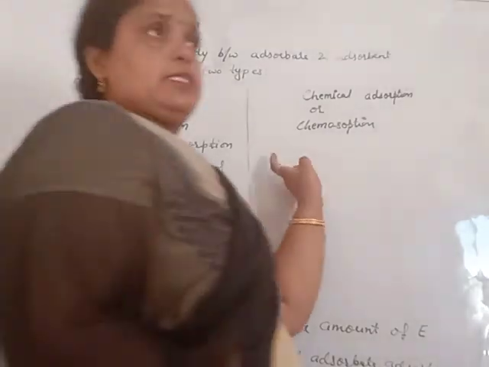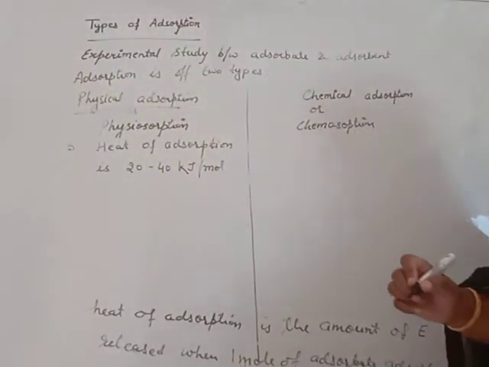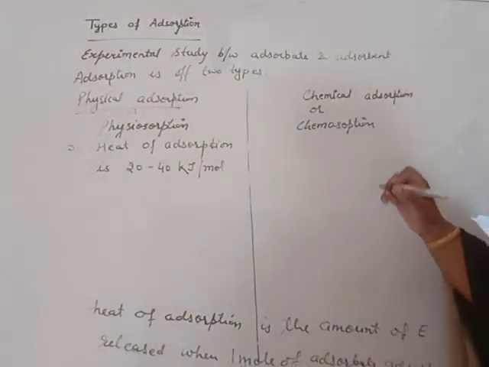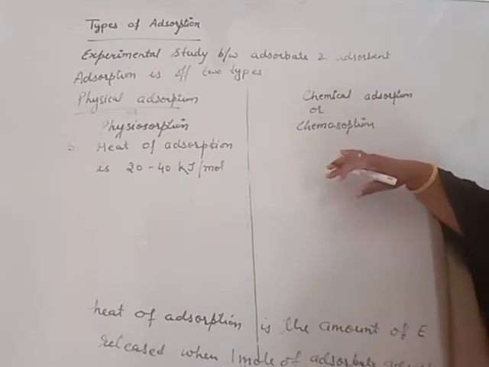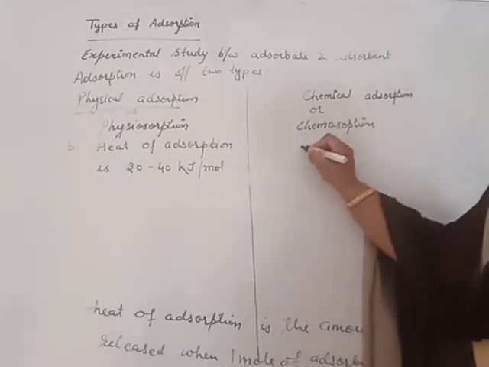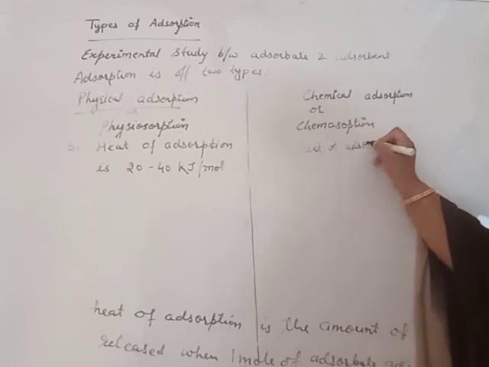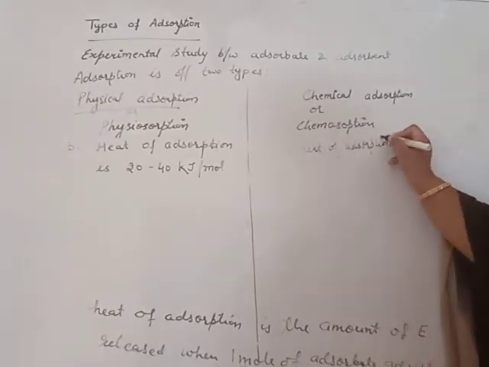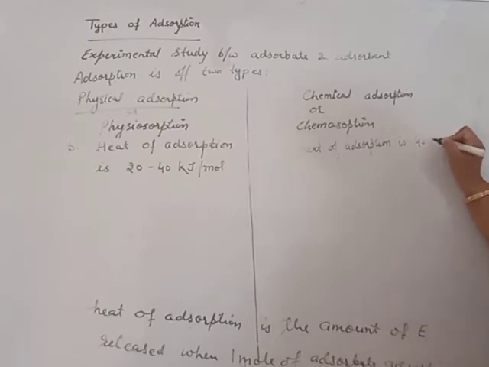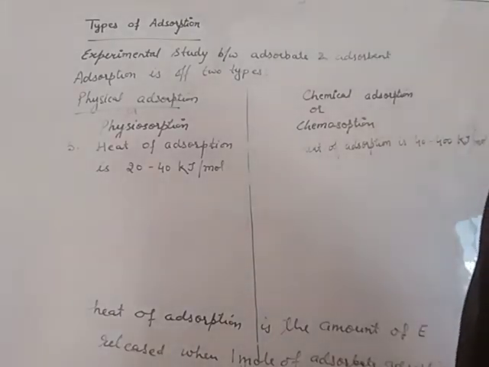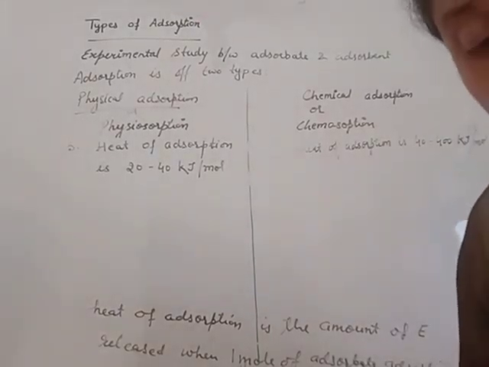But in chemical adsorption, heat of adsorption is large because a large amount of energy is released during the chemical reaction. Heat of adsorption is 40 to 400 kilojoule per mole.